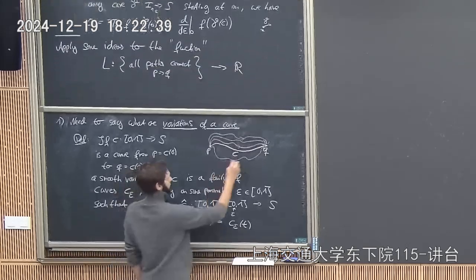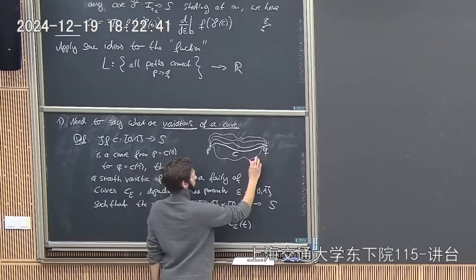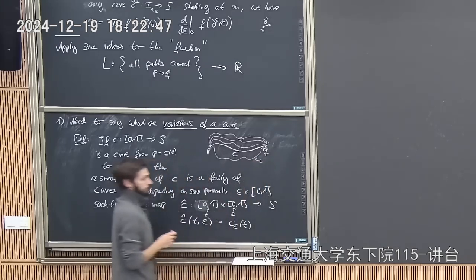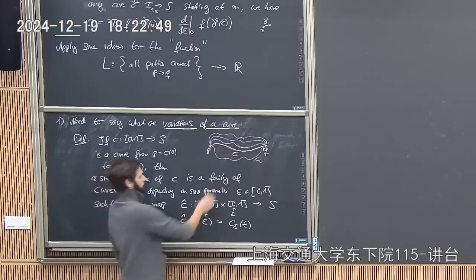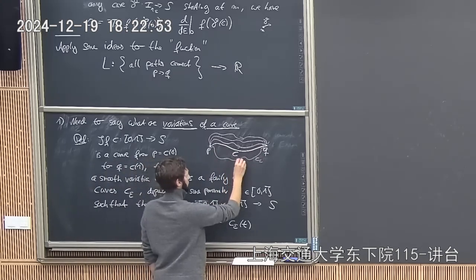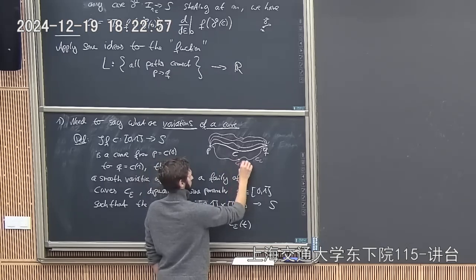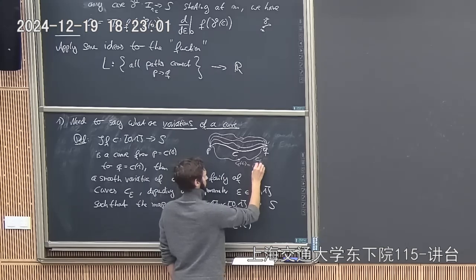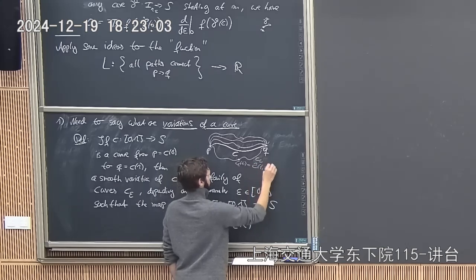So let's take the example that we have our curve here, which we call C_ε. That would be one instance of this red curve. And if you give me a time instance, then this one would be C_ε(t), which we can also write as Ĉ(t, ε).